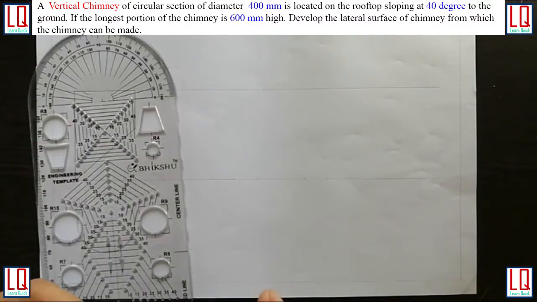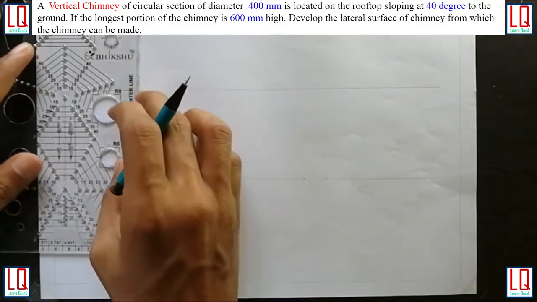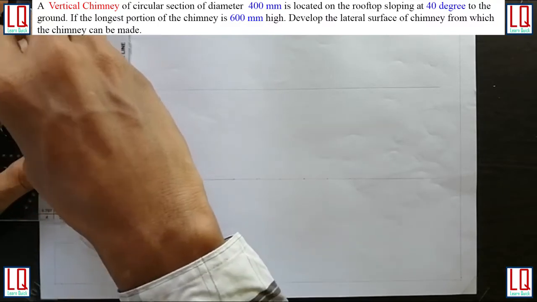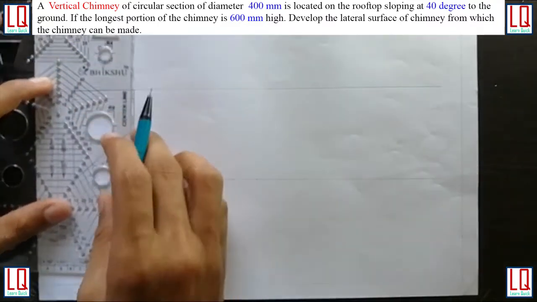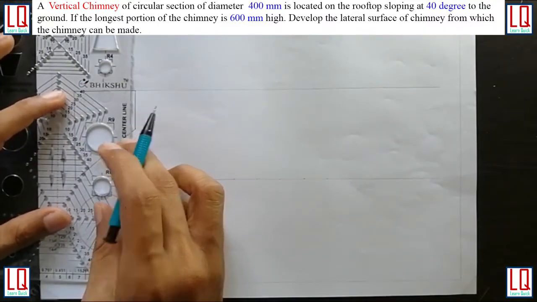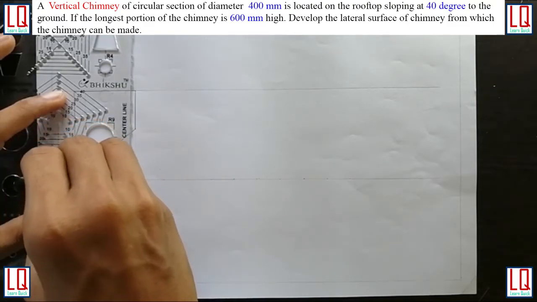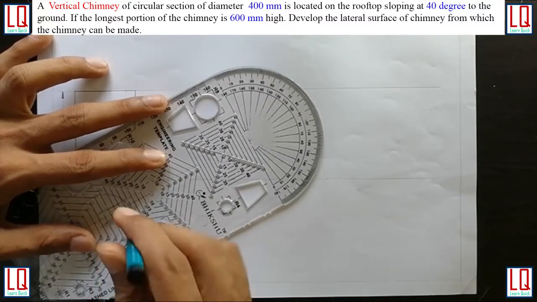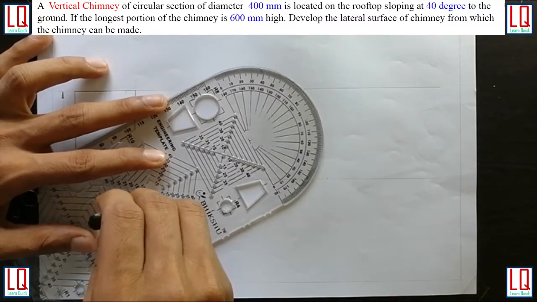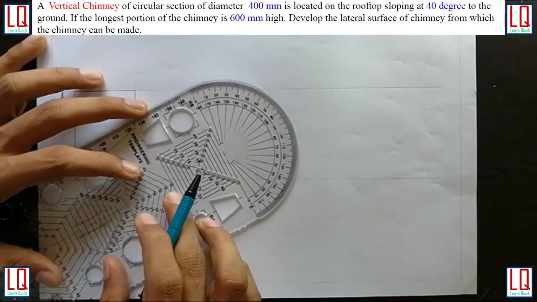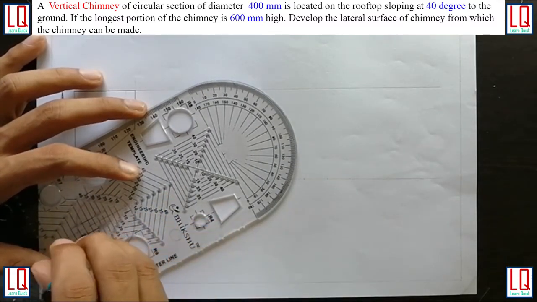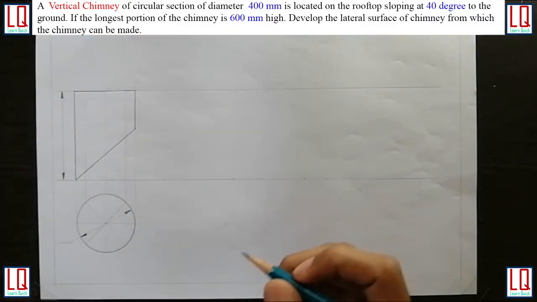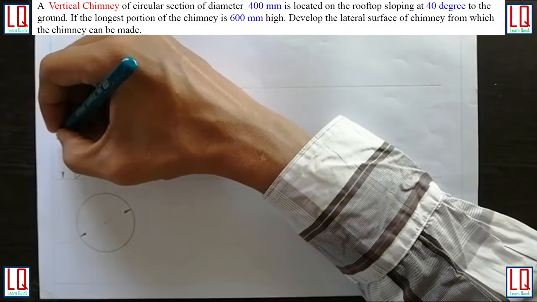Then you can use your engineering template to draw your arrowheads. The longest portion is 600.